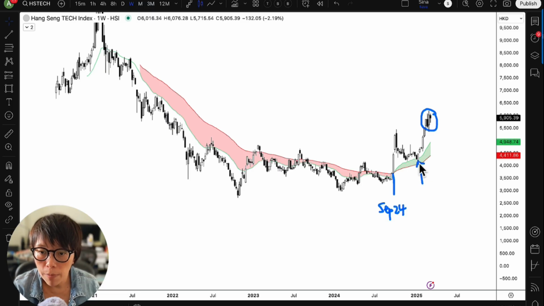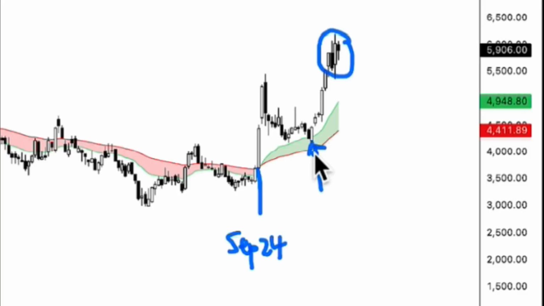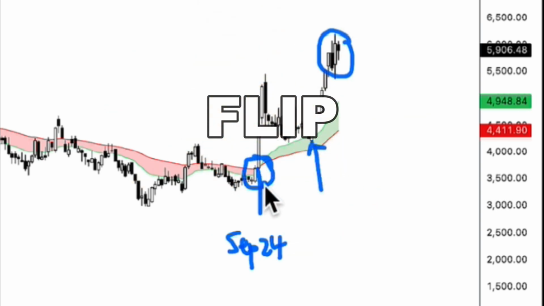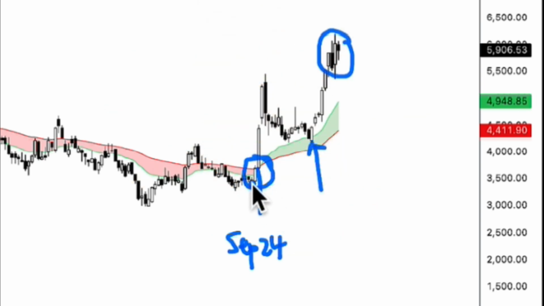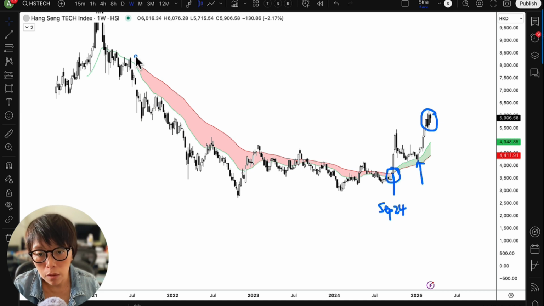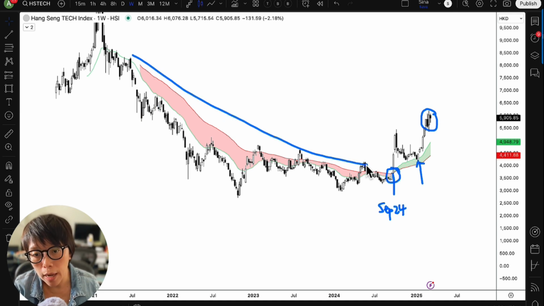During this period here, prices traded near that 21-week moving average. Okay, so this is where we start to see that during this period of time, there was a flip, F-L-I-P, in terms of prices. Suddenly investors who were not willing to buy higher changed, and investors are willing to buy higher.